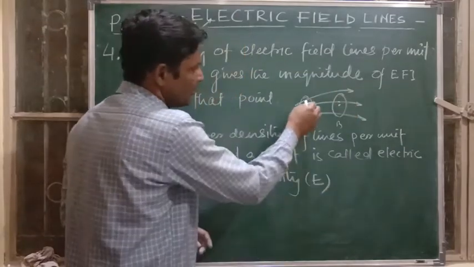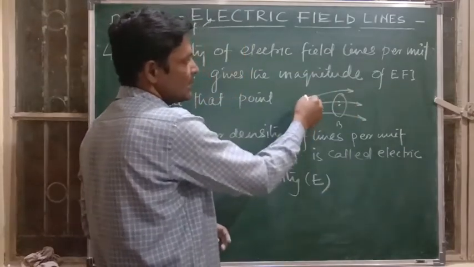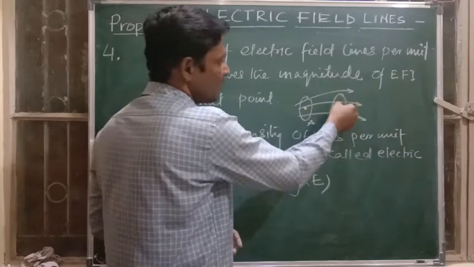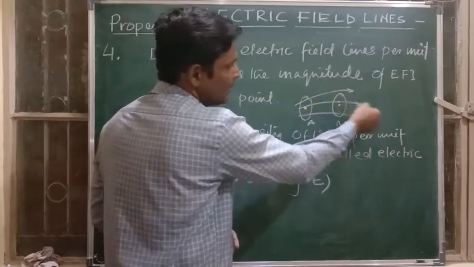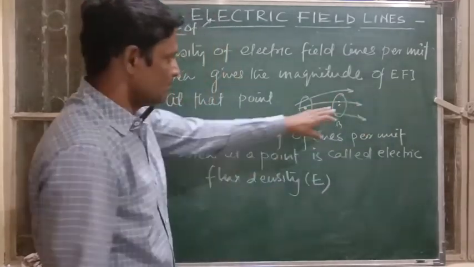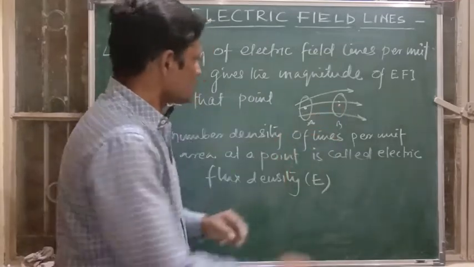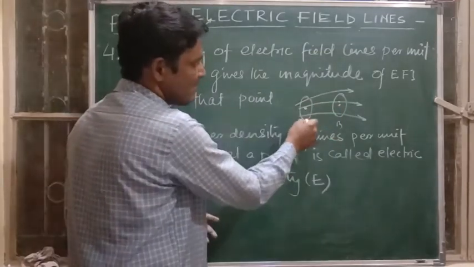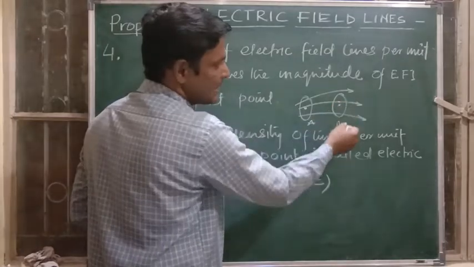If we count, the number of lines passing through this area is 3, but around point B, the number of lines passing through this area is 2. So the intensity at this point is maximum and the intensity at this point is minimum.